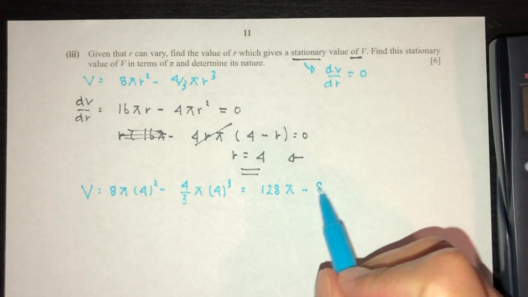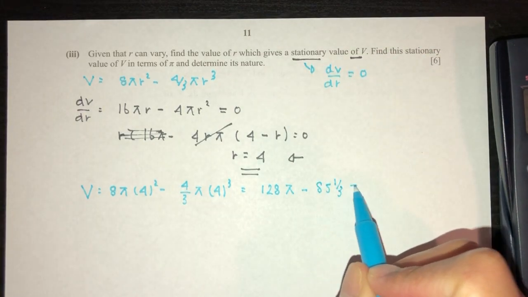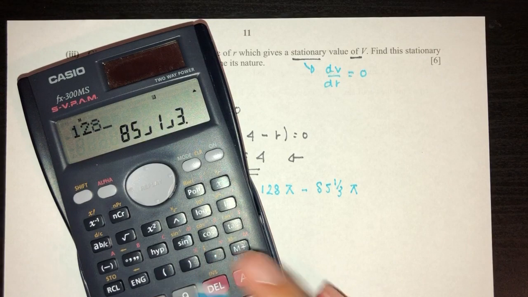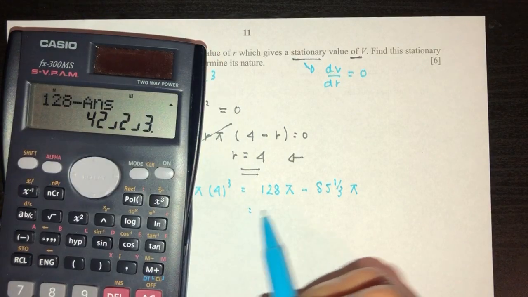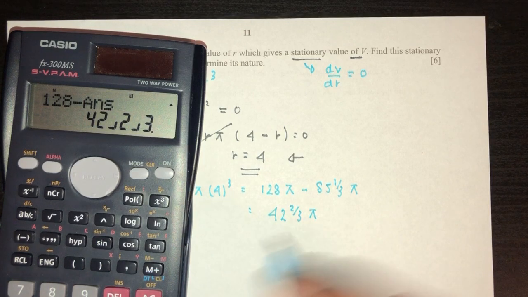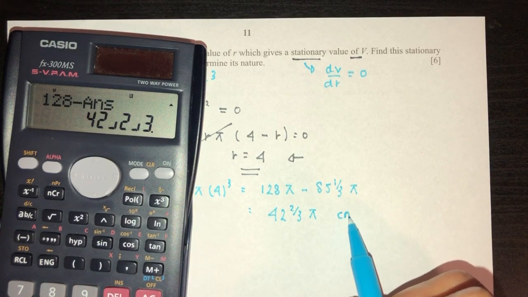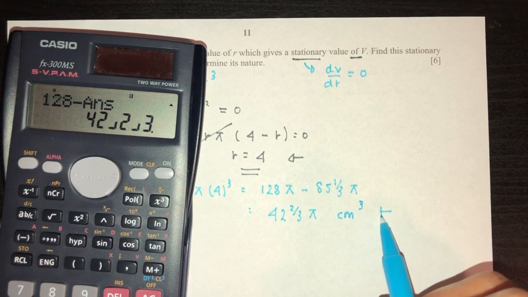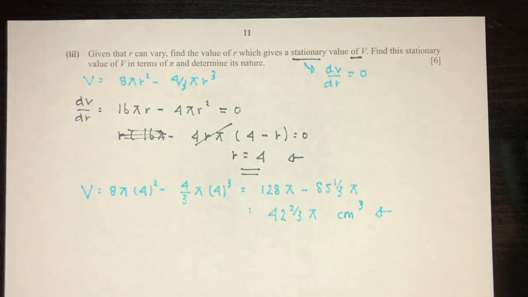That will be 85 1/3 pi. So 128 minus that answer will be 42 2/3 pi units. I think it's centimeters, right? Centimeters cube. This is your answer for the volume.